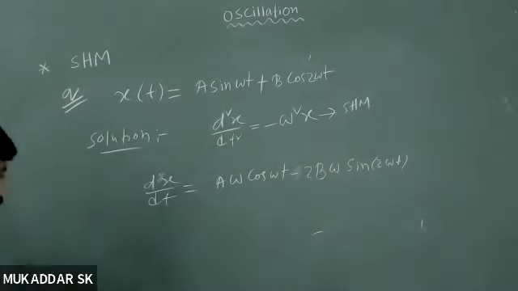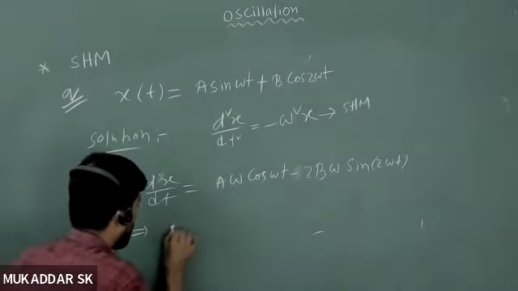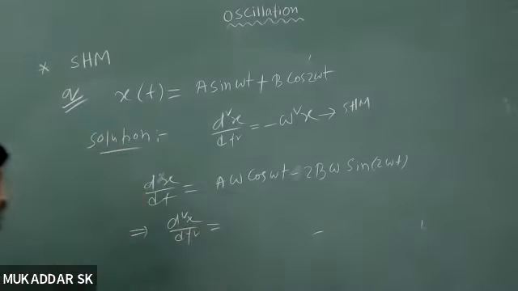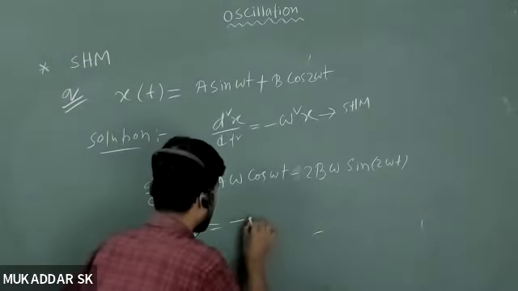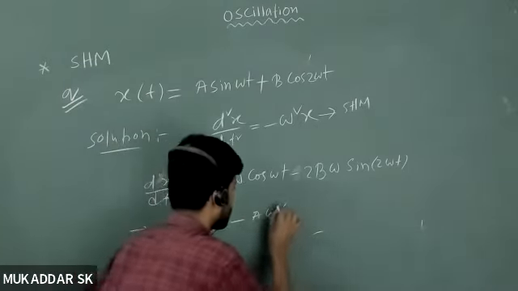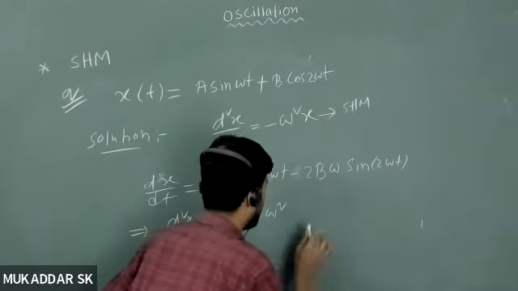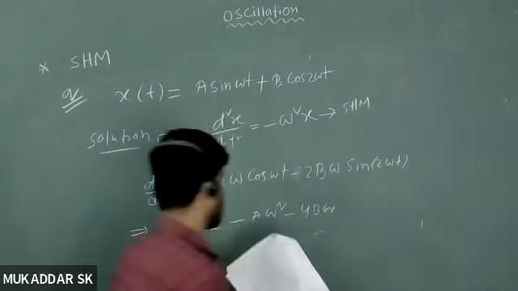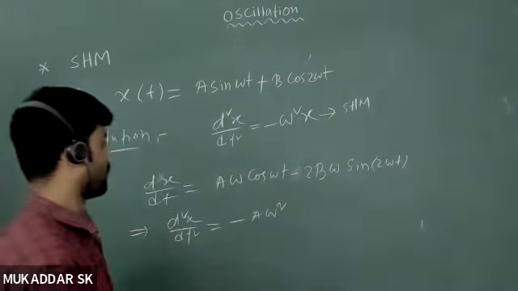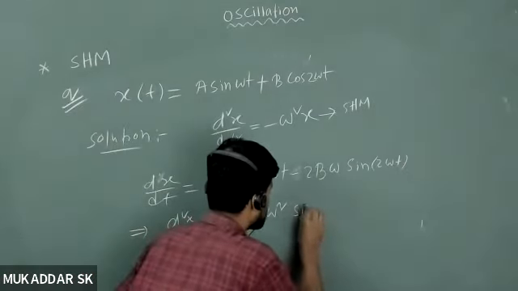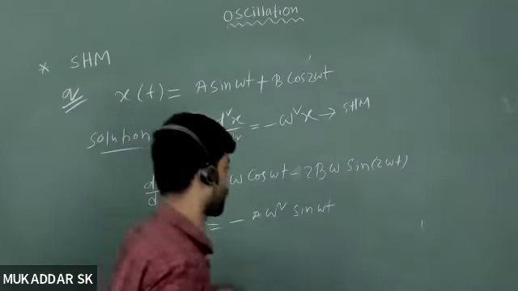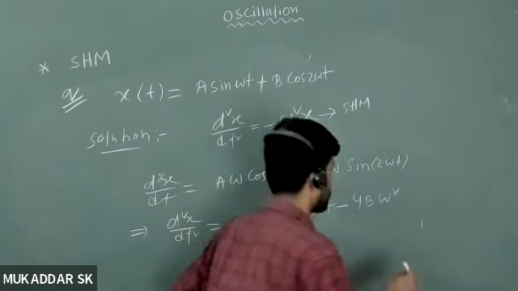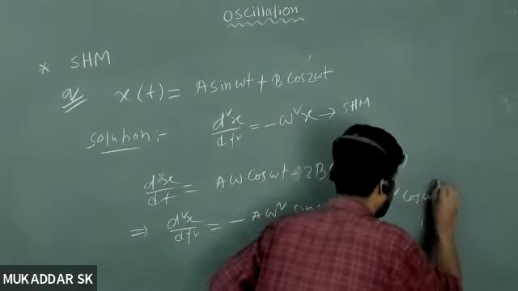Now if you further differentiate with respect to time, del square x by del t square, you will get minus a omega square, sorry, I forgot to write that sine term here, so you get sine of omega t, minus 4b omega square cos of twice omega t.